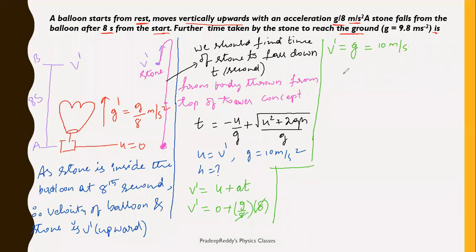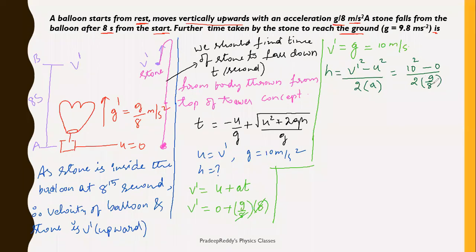Next, what should you do? You should find the height, right? Now in order to find the height, I'll take h is equal to v dash square minus u square, divided by 2 into a, right? What is v dash? 10. 10 square minus 0, divided by 2 into, what is the acceleration of the balloon? g by 8.